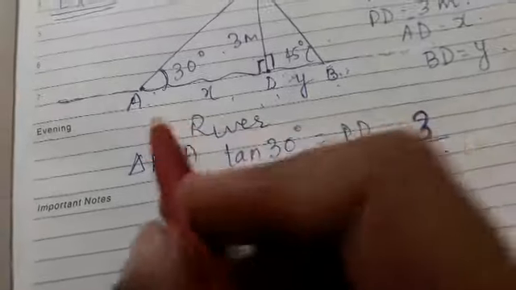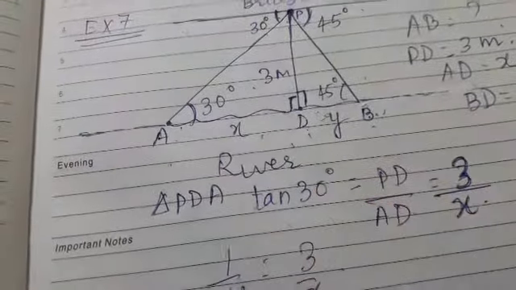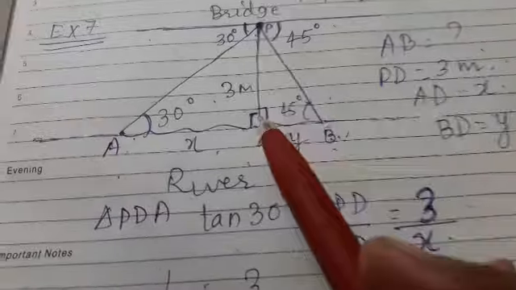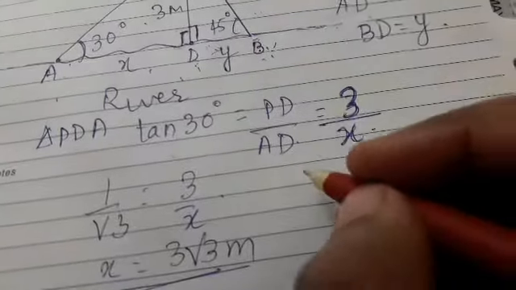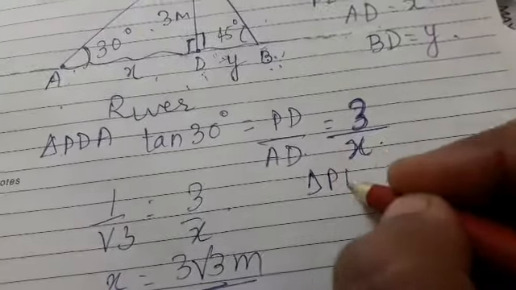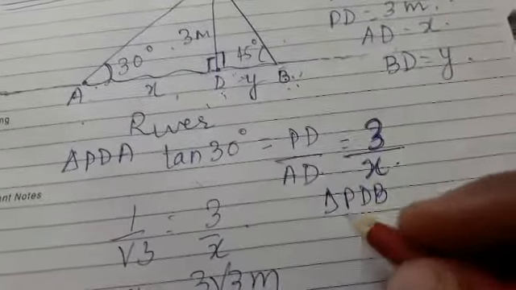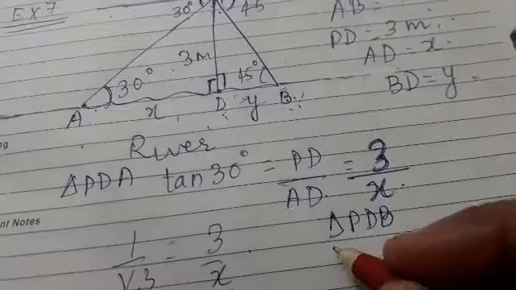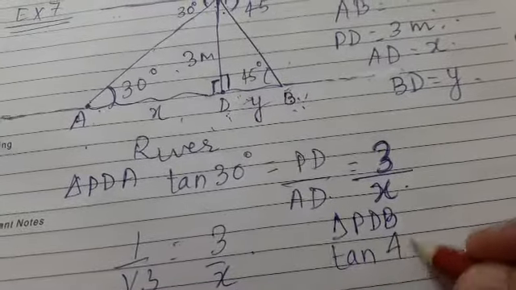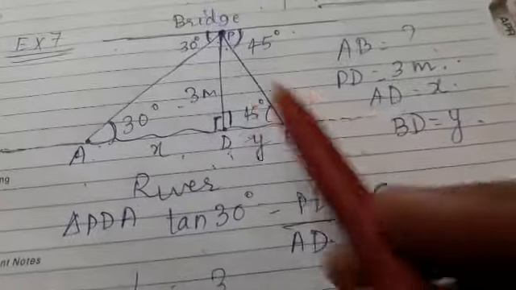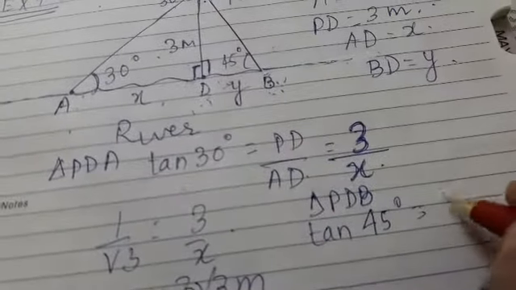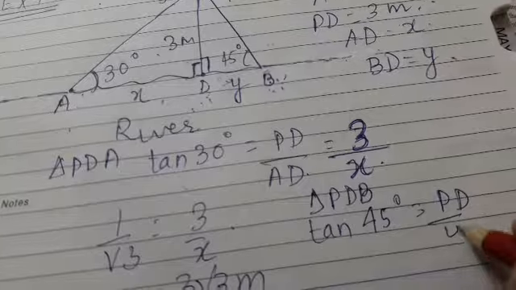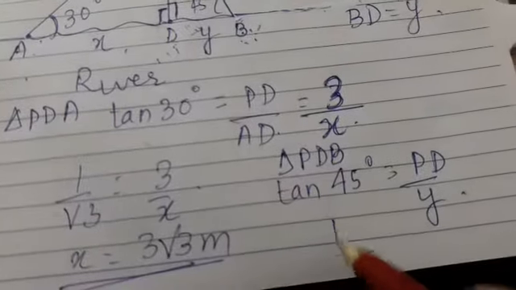What is X? AD. Now coming to the same figure, triangle PDB. We will write tan 45 is equal to PD upon Y. What is tan 45? 1.